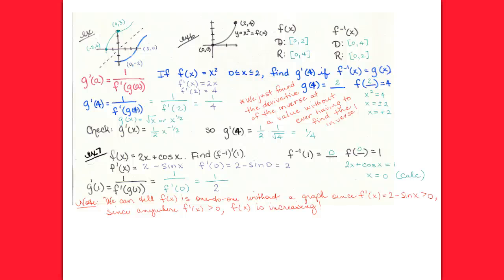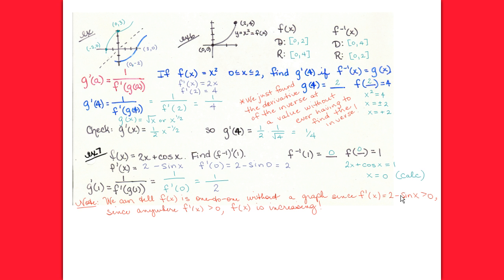So something that would help us in making sure that this is a one-to-one function: if I don't have access to a graphing calculator, like I don't on half of my AP exam, how can I tell without graphing this thing that it passes a horizontal and vertical line test? Well, what would help me here is the fact that the derivative is 2 minus sine x. What is the largest value that sine can be? 1.